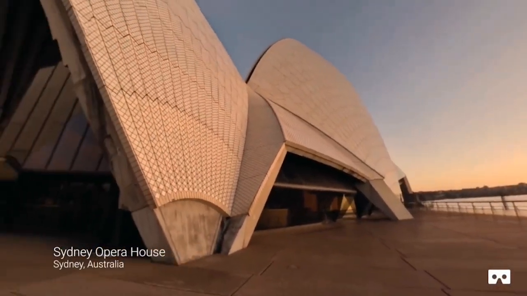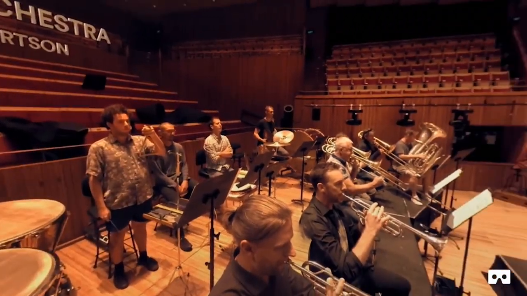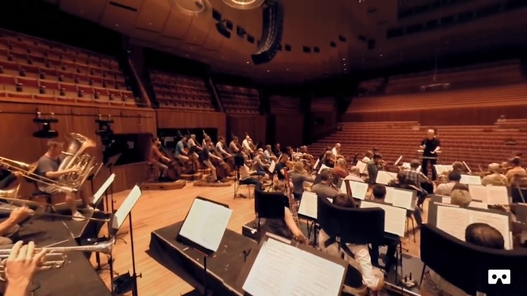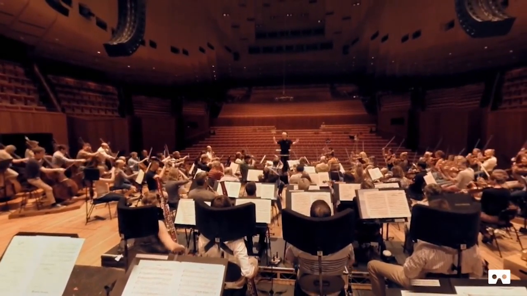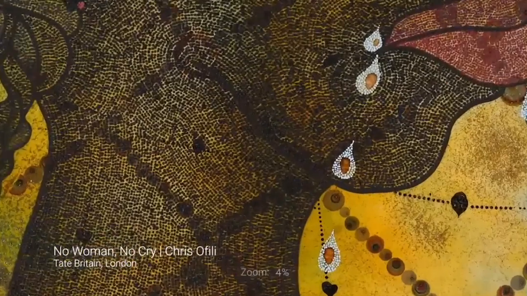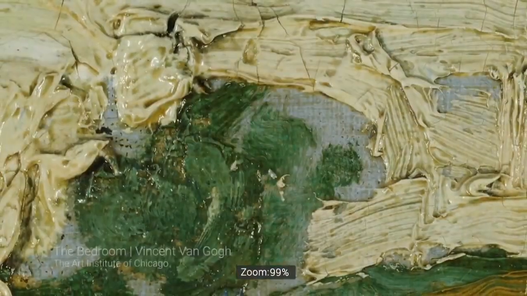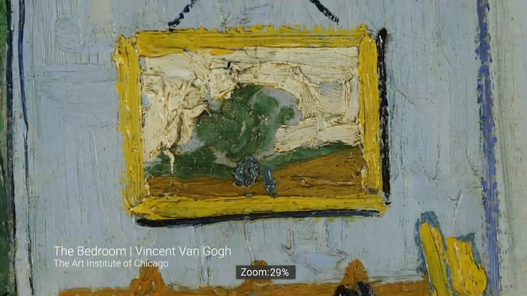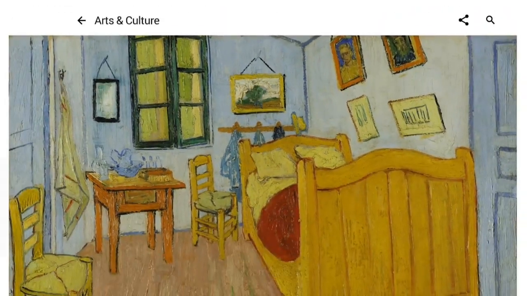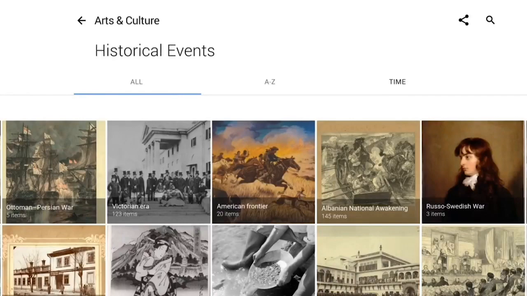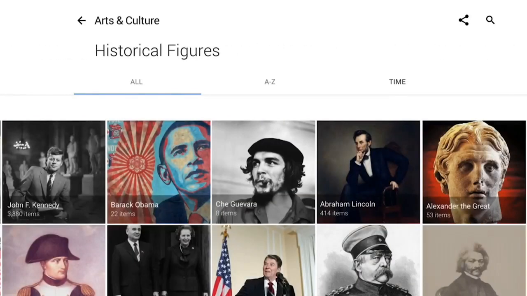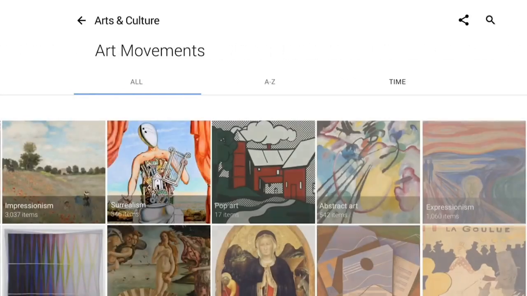With the Google Arts and Culture app, you can immerse yourself in 360-degree views using Google Cardboard. Or zoom in to reveal the secrets of a masterpiece. Discover inspirational moments, iconic people, and artistic wonders.